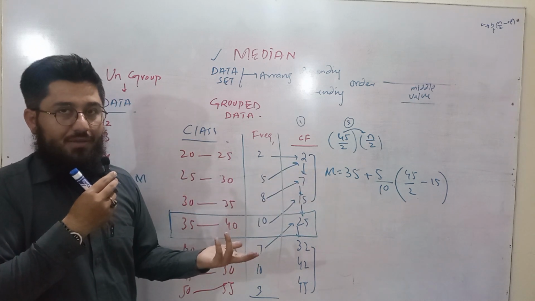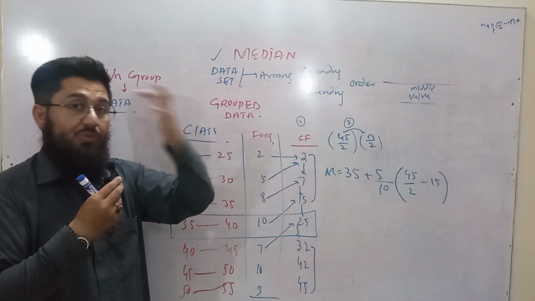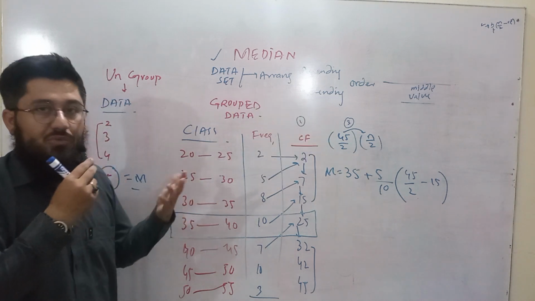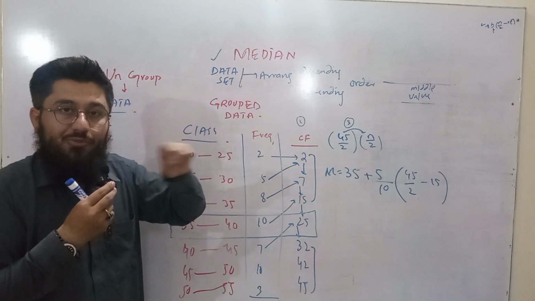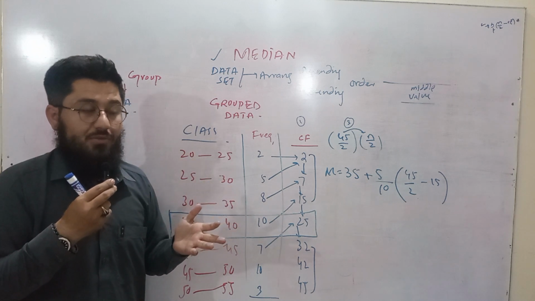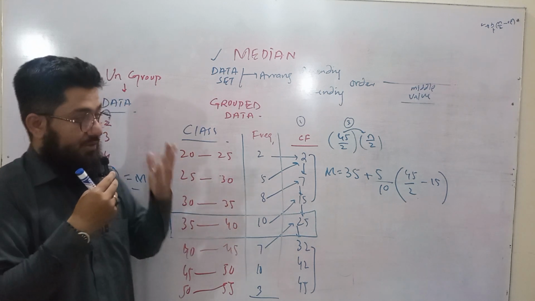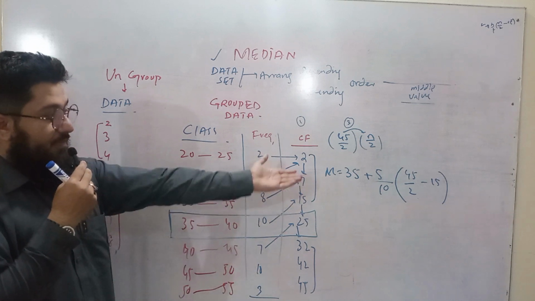Now you can write all the L, F, and C, etc. So it will become your formula. Why bother with recalling the formula during exams, when you may forget? So don't feel any more confusion, just practice these steps and you will be able to get your median in a very easy way.